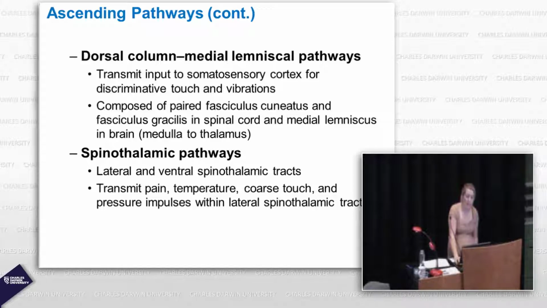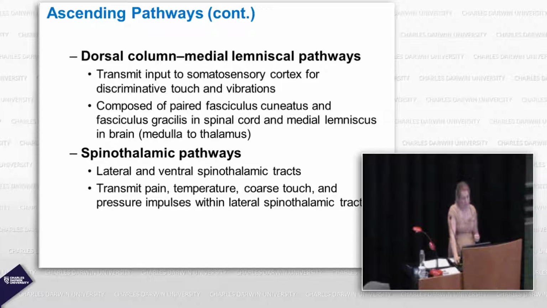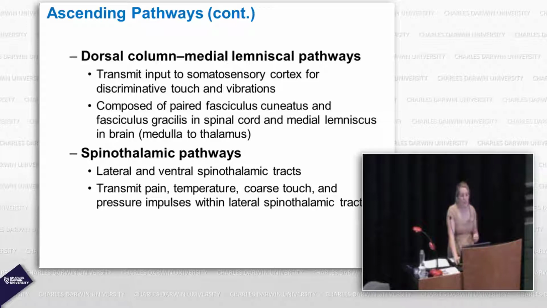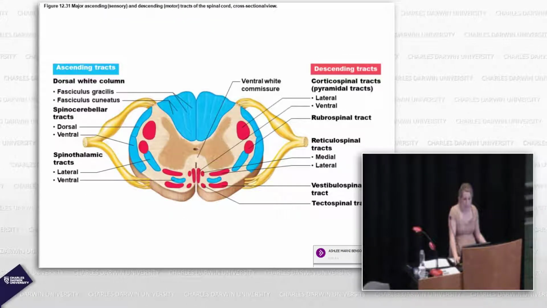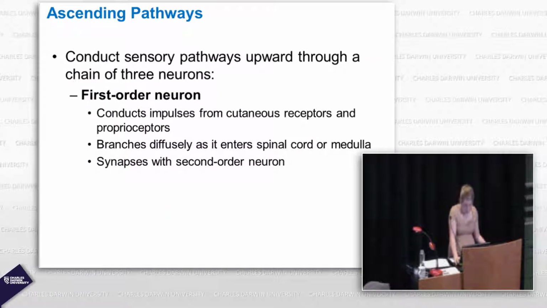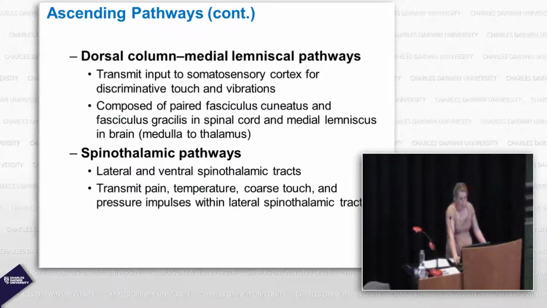So this is the fine touch and vibrations information, not your coarse touch, so just more specific information. We've got paired fasciculus cuneatus and gracilis in the spinal cord. So in that diagram before, that's these two here, fasciculus gracilis and fasciculus cuneatus. So that's basically where these tracks will be travelling through the spinal cord.